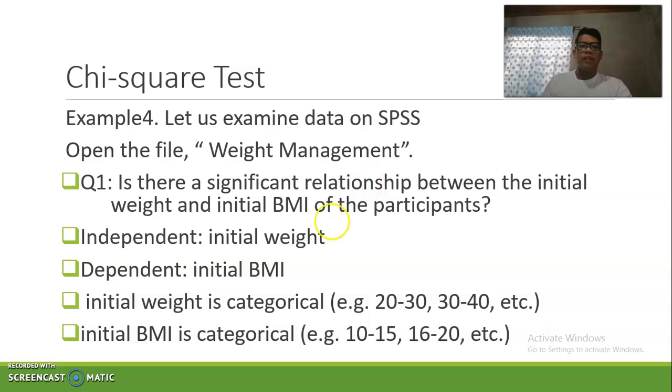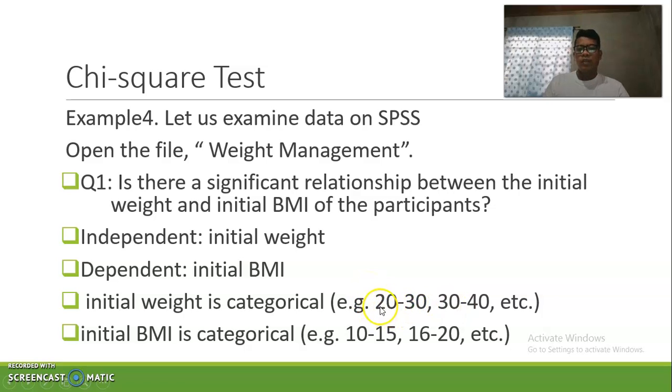So let us examine again a data on SPSS on weight management activity. Our inferential question would be, is there a significant relationship between the initial weight and the initial BMI of the participants? Our independent variable is initial weight. Take note, it becomes categorical data because we converted numerical data into an interval scale.